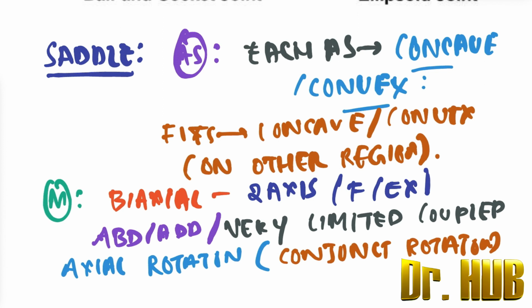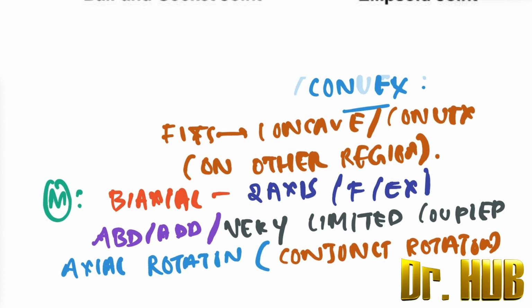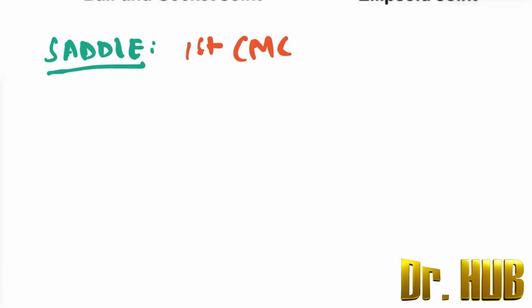Now let's look at the examples of the saddle joint. This includes the first carpo-metacarpal joint, that is the CMC, of the thumb.